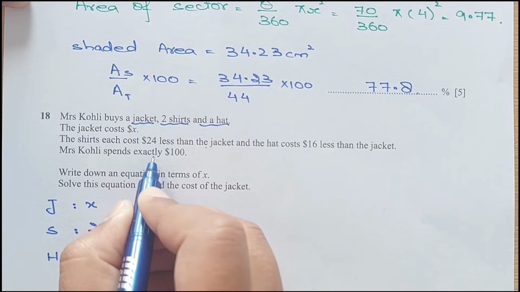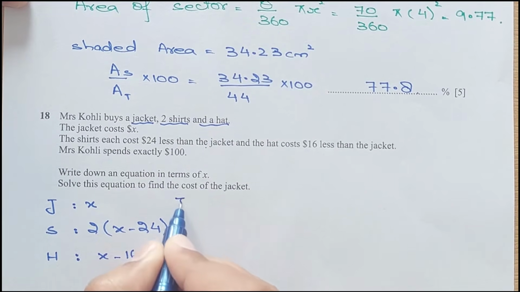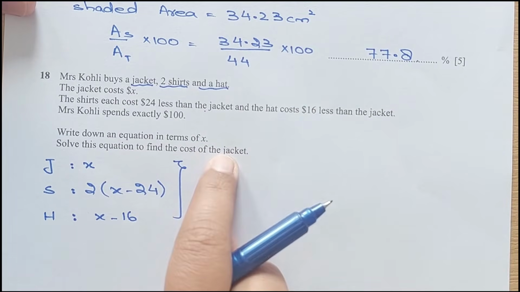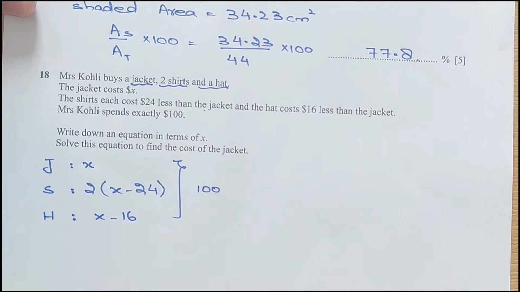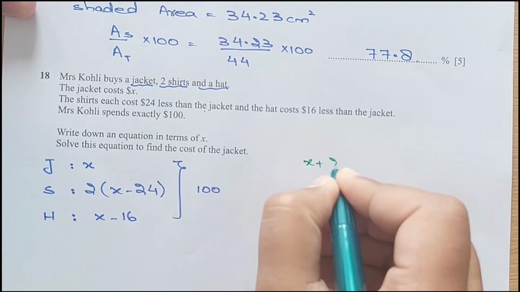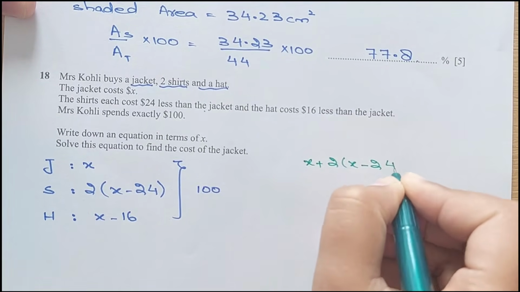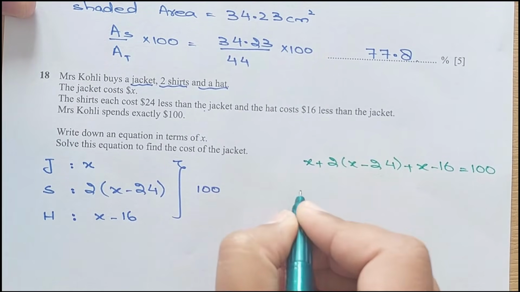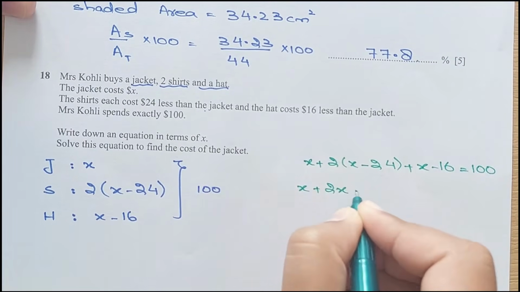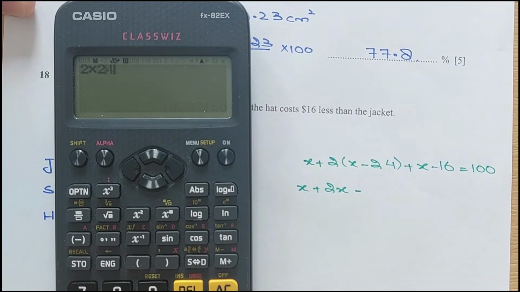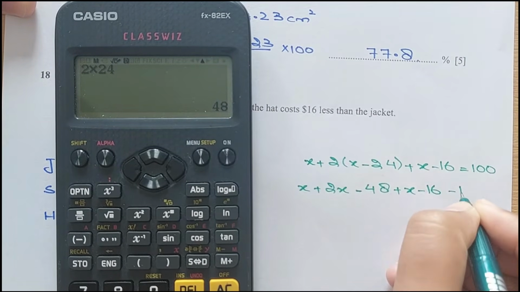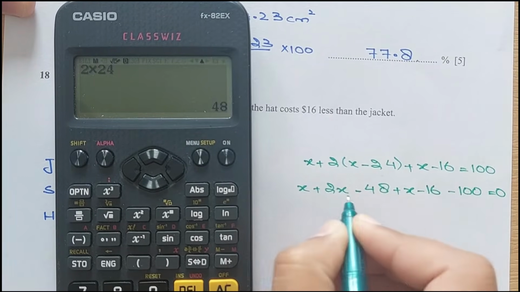Mr. Kohli spent exactly $100, so the total he spent is $100 when we add all of them. Write down the equation in X and solve this equation to find the cost of the jacket. That's easy, just make an equation. X plus 2 times X minus 24 plus X minus 16 is 100. So we have X plus 2X minus 48 plus X minus 16 minus 100 equals 0.